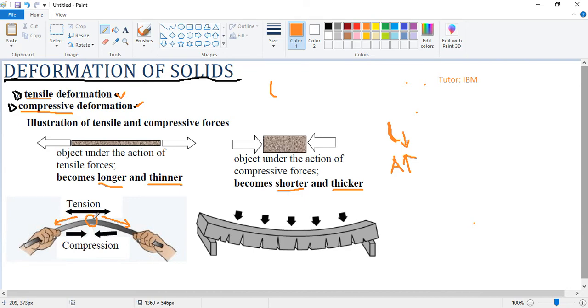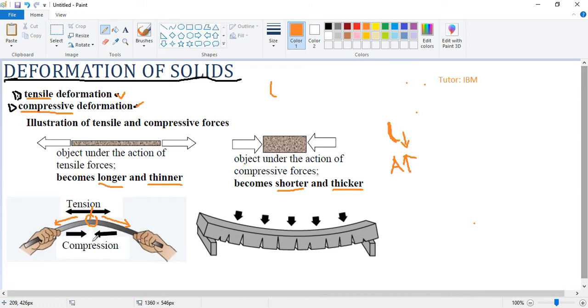In most cases, you are going to find a crack here very fast because the two forces tend to be pulling apart. So we say that the upper part of that stick will be actually under tension, while the lower part will be under compression.